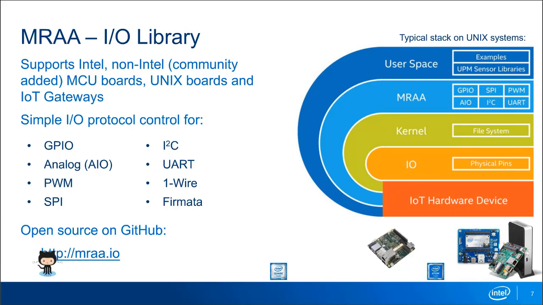And what this basically means to you as a developer is that you're not limited in hardware. You can develop on any hardware that you have available right now, and then if you decide to shift over to an Intel-based platform, you can do so and keep all of your same sensor code if you use Emra.